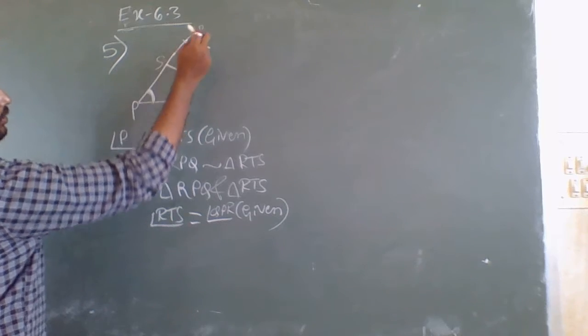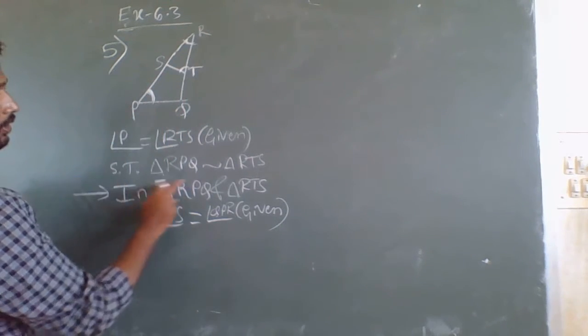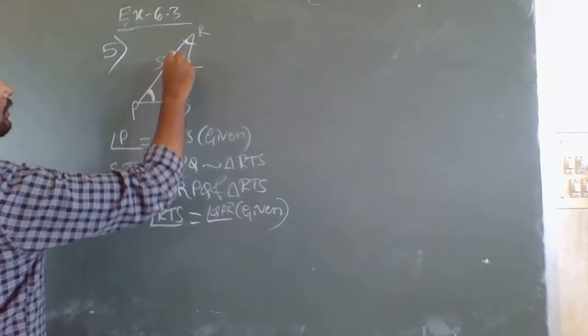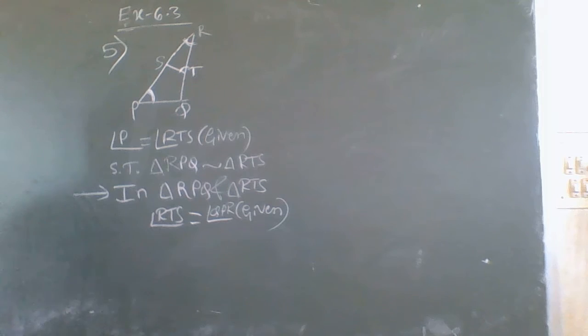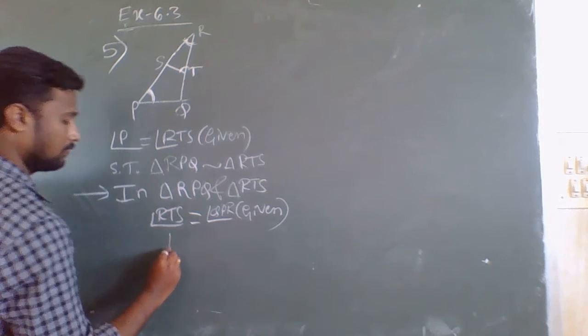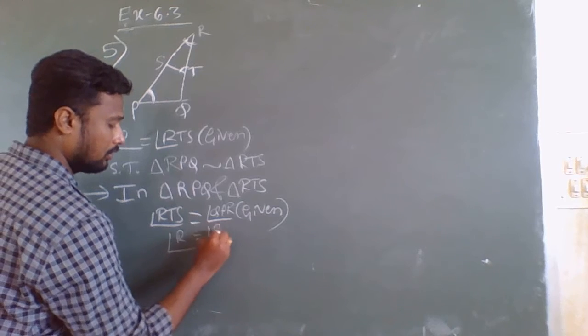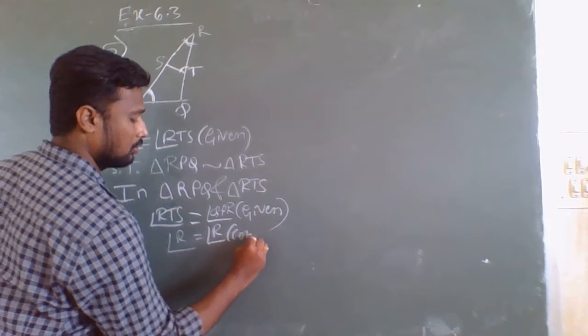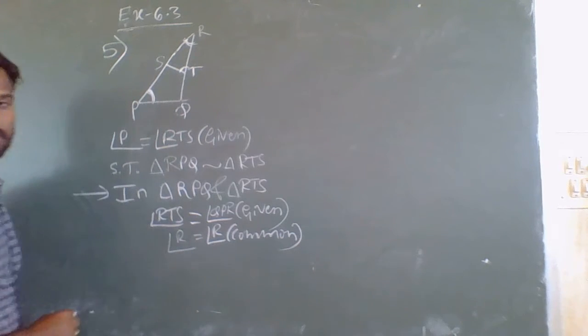Therefore, angle R is equal to angle R. This is the common angle in both triangles.